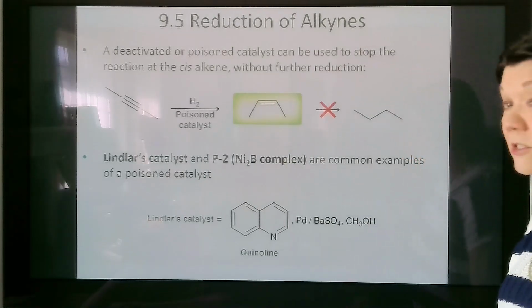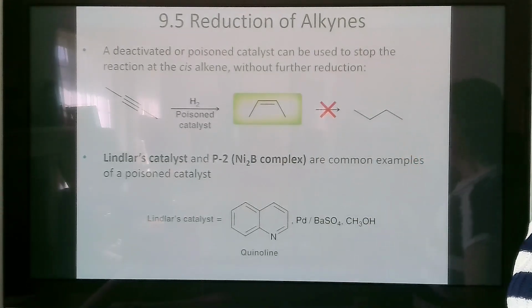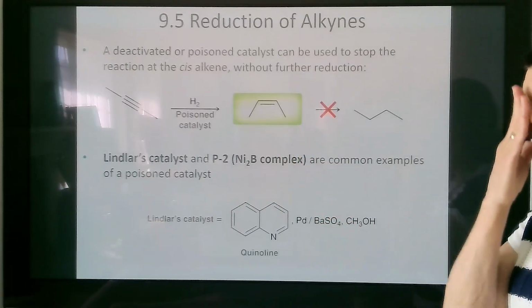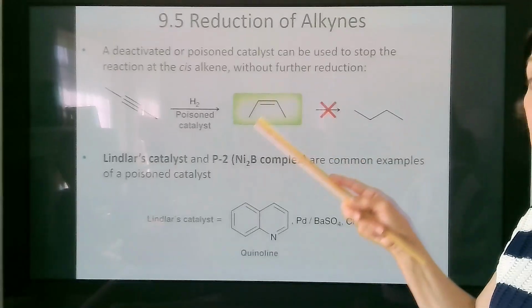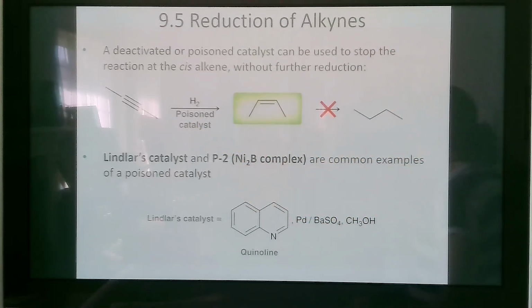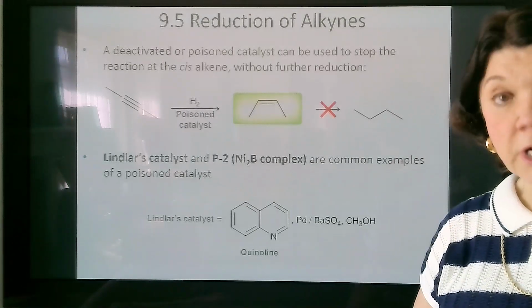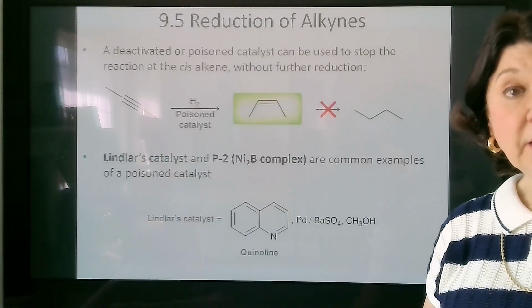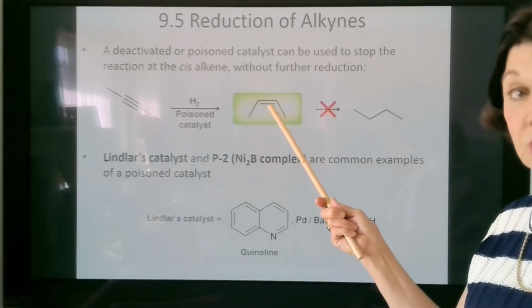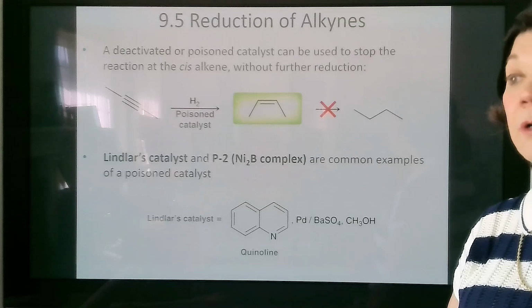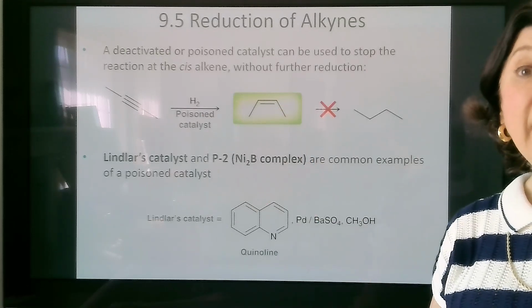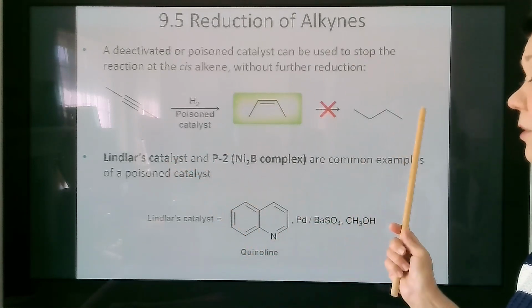You won't always have the cis product. In some cases, you'll get the trans product in other reactions. And in some cases, the catalyst will be strong enough so that you'll go all the way to the alkane. So you're going to have three different types of reactions. One of these hydrogenation reactions will stop at the cis alkene, another one will stop at the trans alkene, and another one will take you all the way to the alkane.